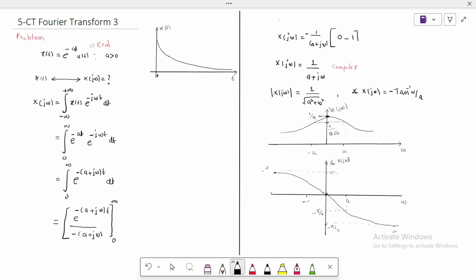At minus a, substituting minus a, it gets cancelled, giving minus 1, and the angle equals pi by 4. So this is the magnitude plot, and this is the phase plot.